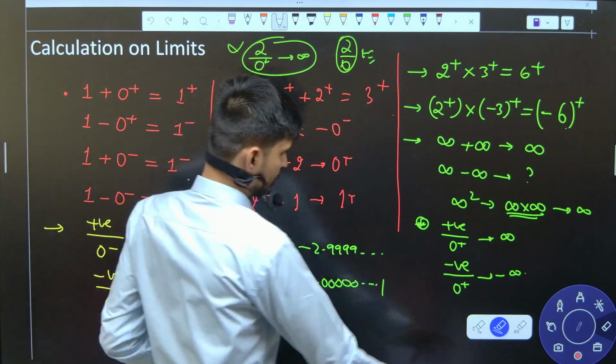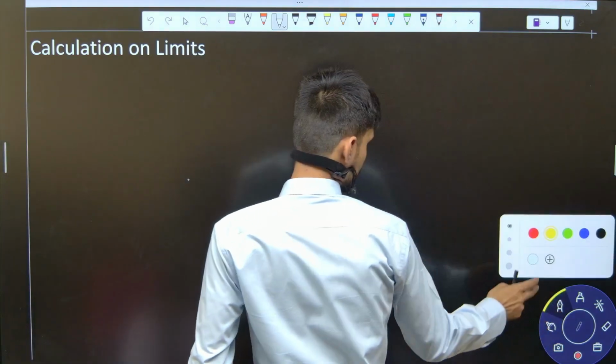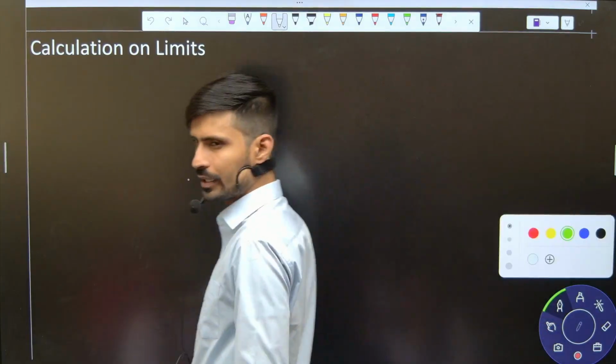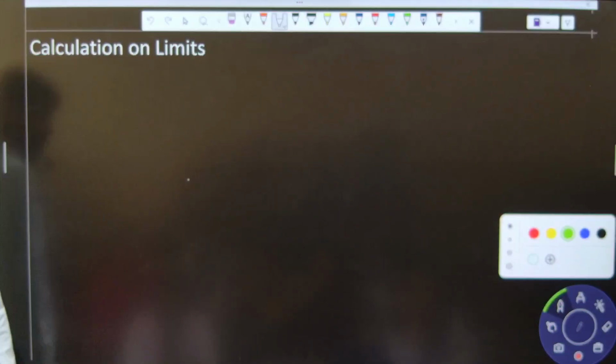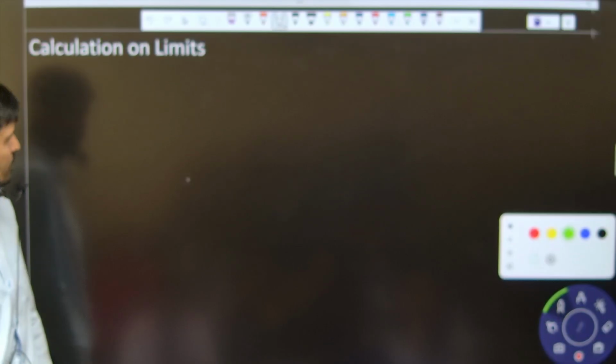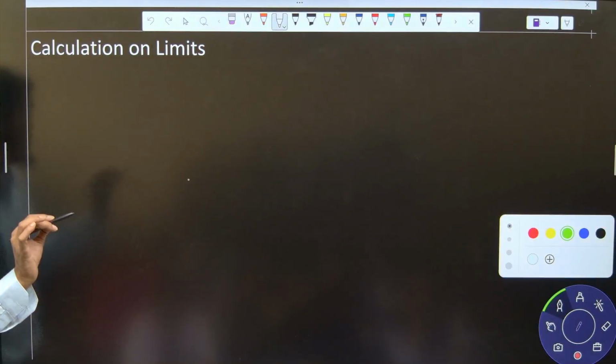Okay. Now, acha, you can. There is no back option also. Say this. Last calculation.